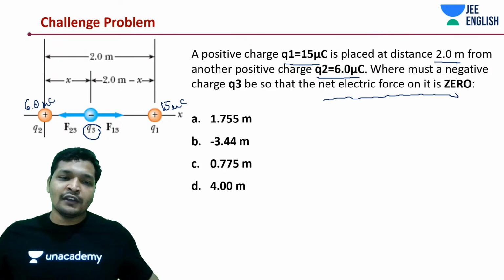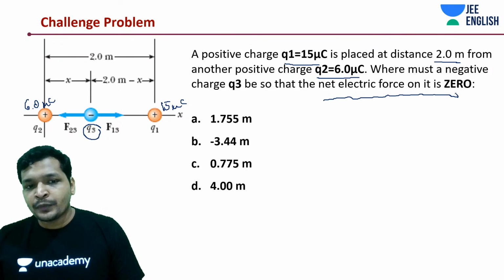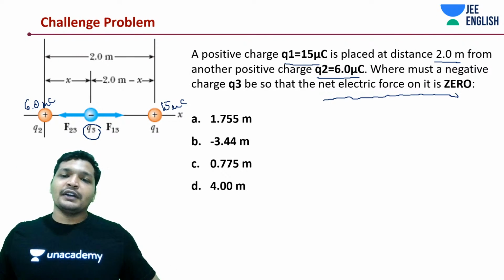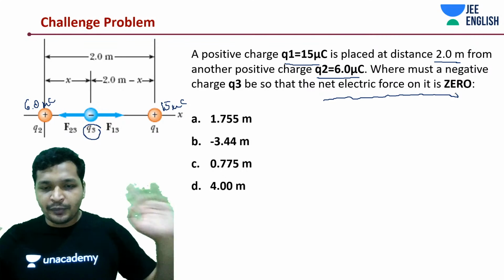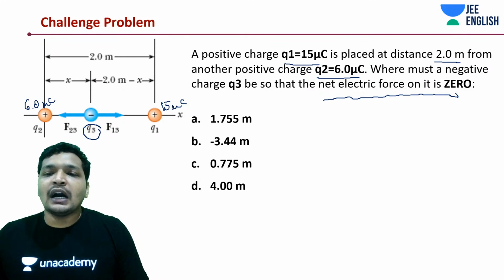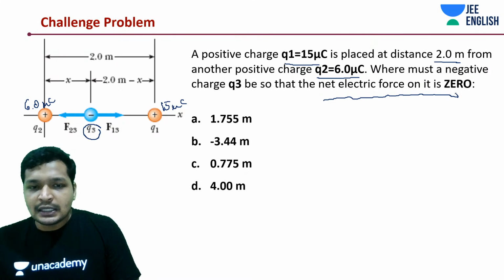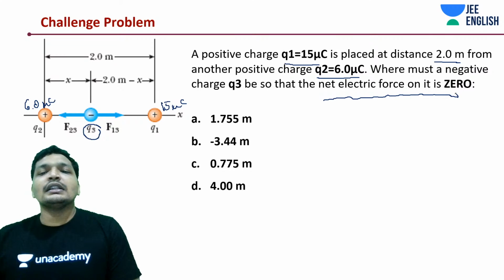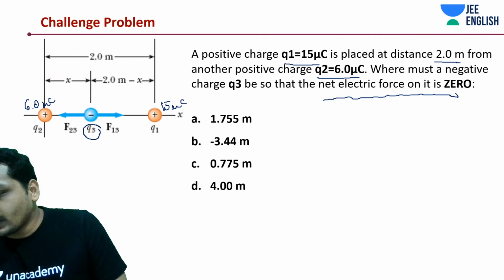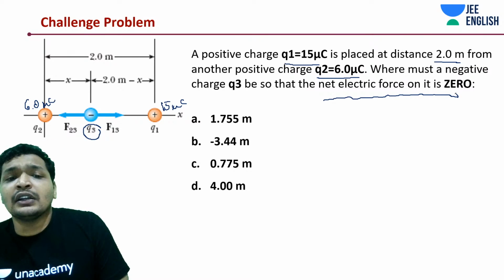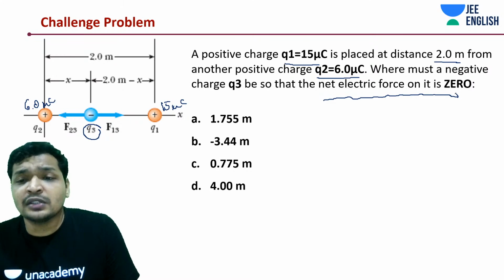Think about just 1D, forget the 2D, we'll get into 2D later. So there is only 1D, one axis, forget every other dimension. Now what is being asked is, where should this Q3 be placed such that the net force on it is 0? Any guesses, students? Just by having a look at the options, it is quite possible to guess it.